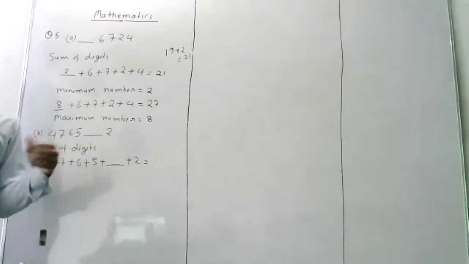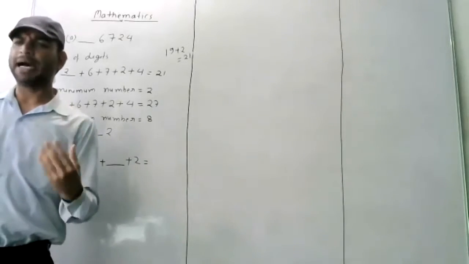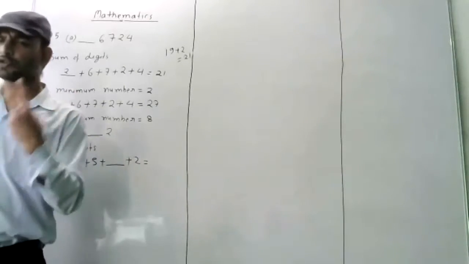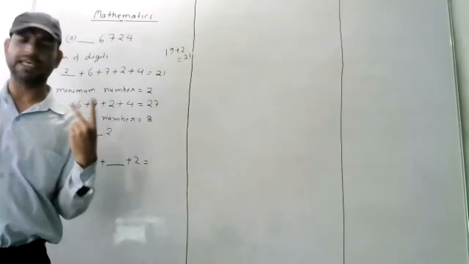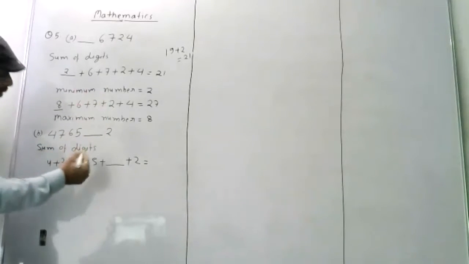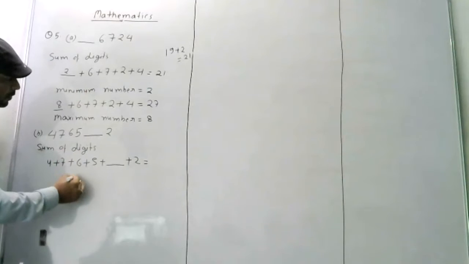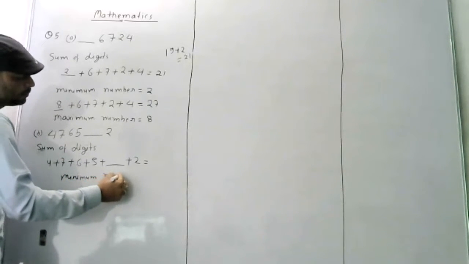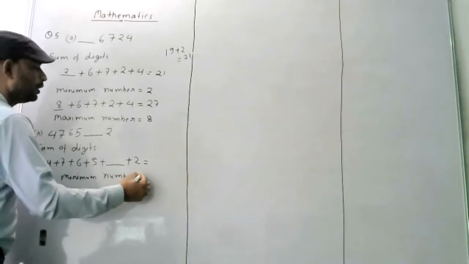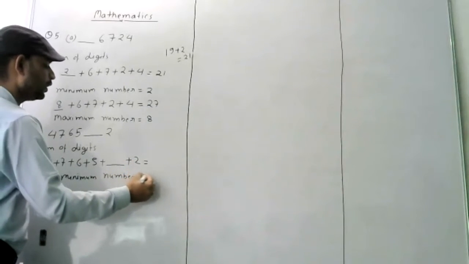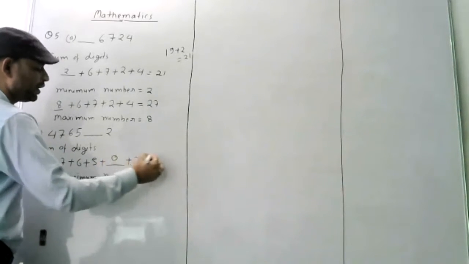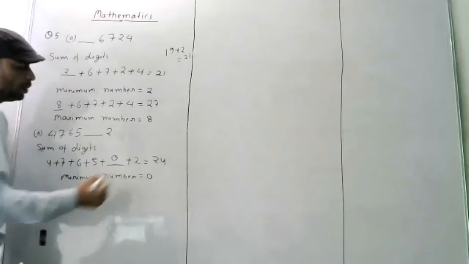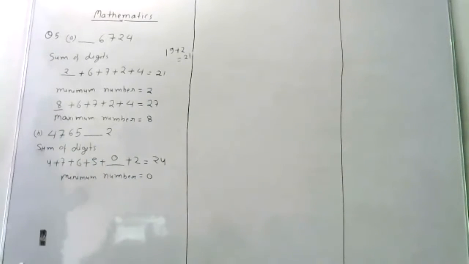The minimum number: 24 is also divisible by 3 because 2 plus 4 is equal to 6. So the minimum number for B is equal to 0. Put 0 here and we get 24, divisible by 3.